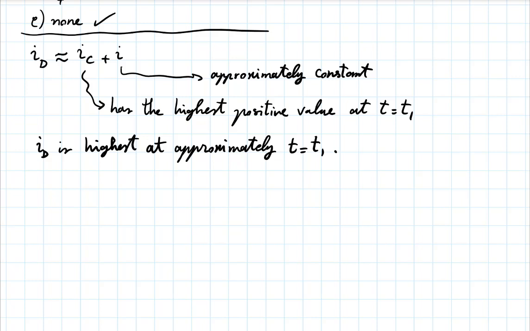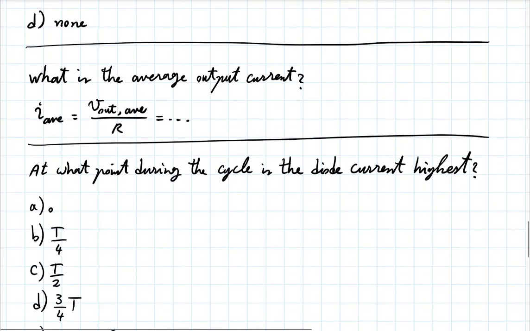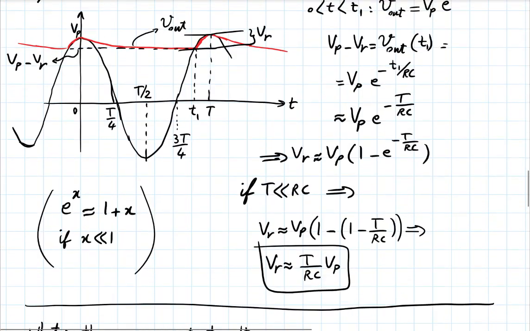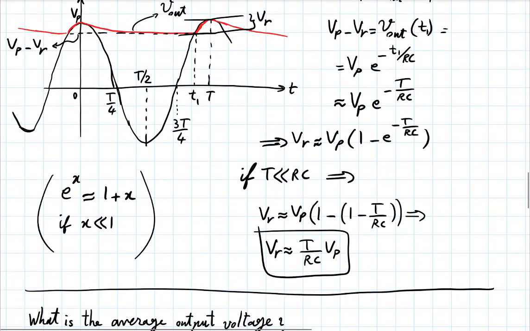So now I want you guys to calculate that t1, or let's look at just the difference between t1 and t. Let me call this delta t. That's the duration of time when the diode is on. It's charging the capacitor. For the rest of the cycle, it's off. The capacitor is just discharging. So delta t is what you call the diode conduction interval, the interval during which the diode is conducting.